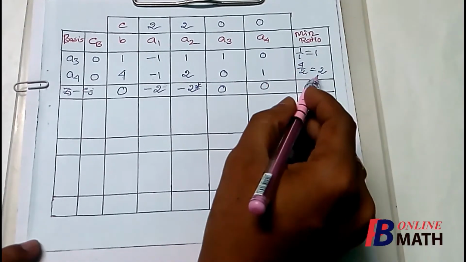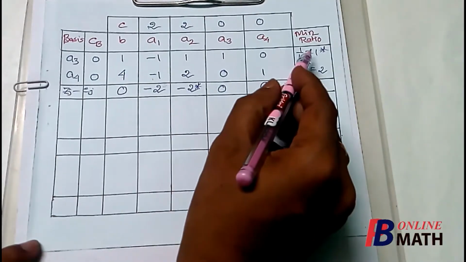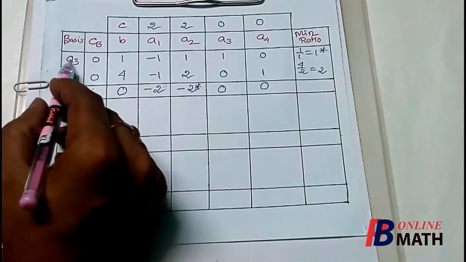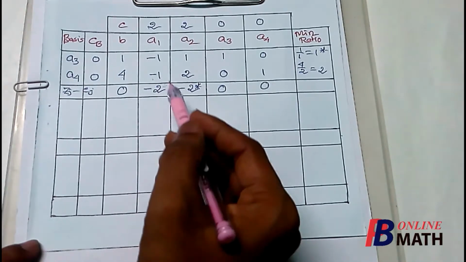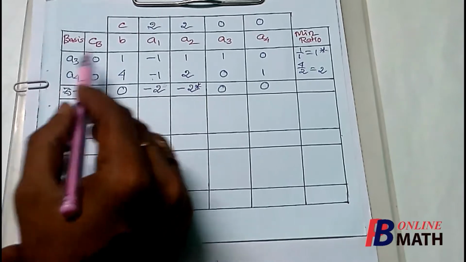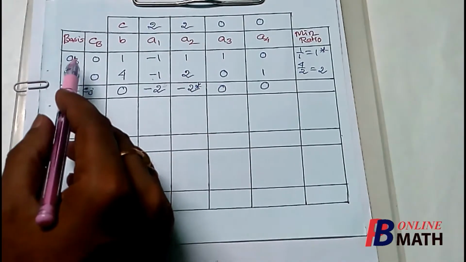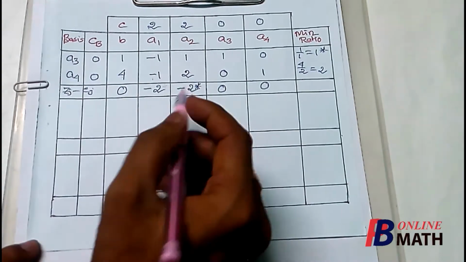So out of these two, 1 is minimum, so this is the min ratio, and this ratio corresponds to the vector a3. So in the next step, the vector a3 will be replaced by the vector a2. So the vector a2 will enter the basis and the vector a3 will leave the basis.